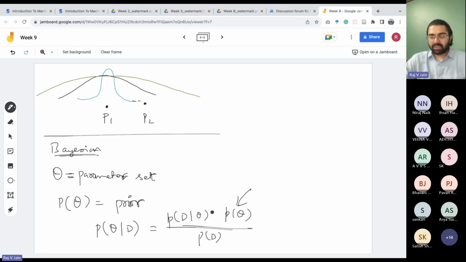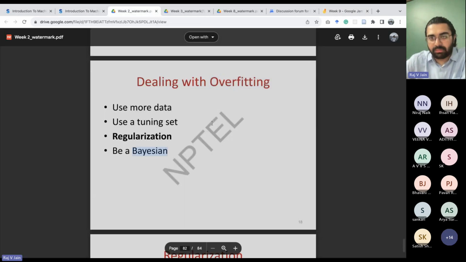By imposing a prior, you're saying some values are more likely than others, so the model has to look only in that particular space. So it helps with overfitting by being Bayesian.